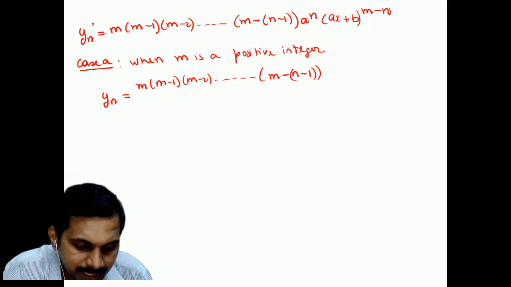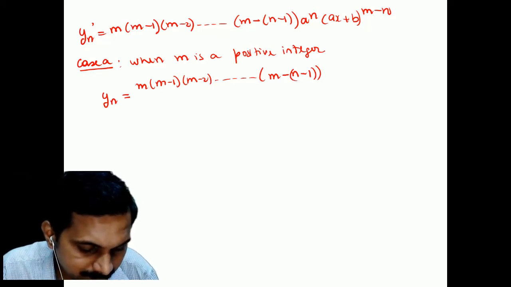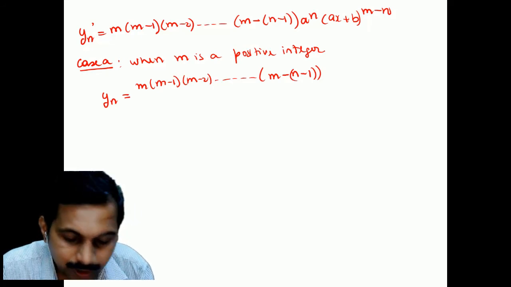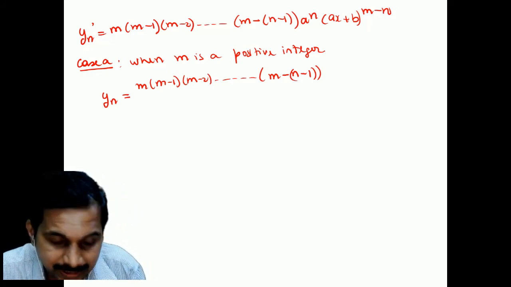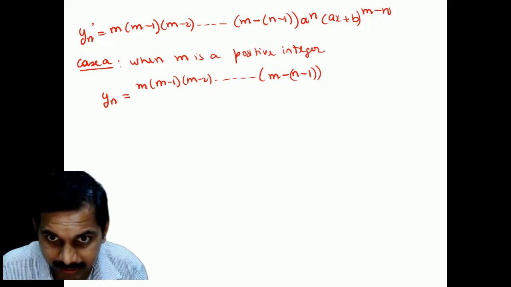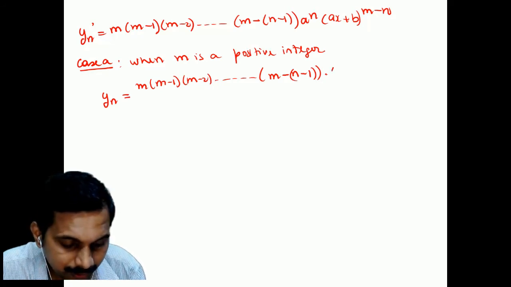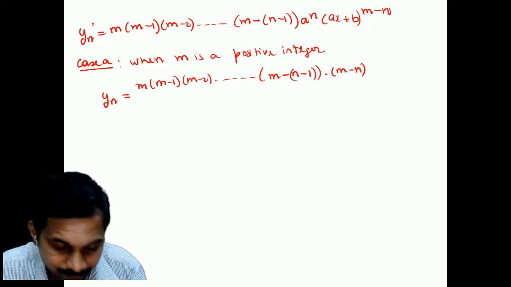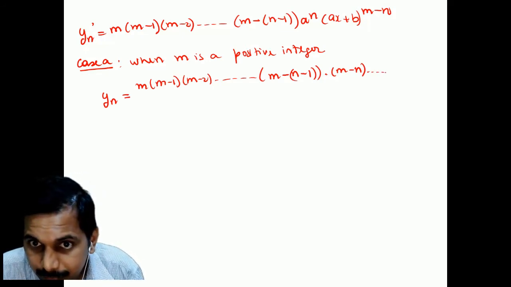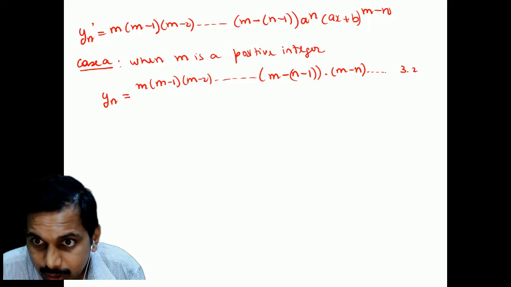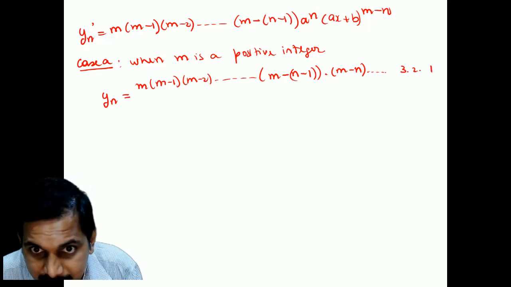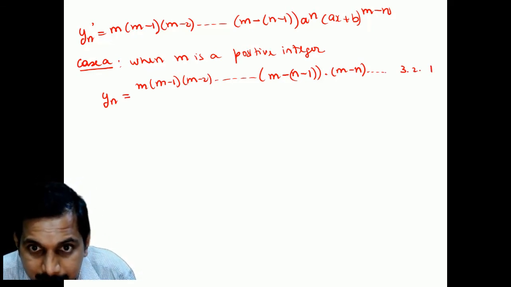The other side would be, if I multiply and divide this by the remaining terms: I'll multiply this by m minus n, into m minus n minus 1, like that we will go, and then we will have 3 2 1. So I'm getting a series here. What is the next one?